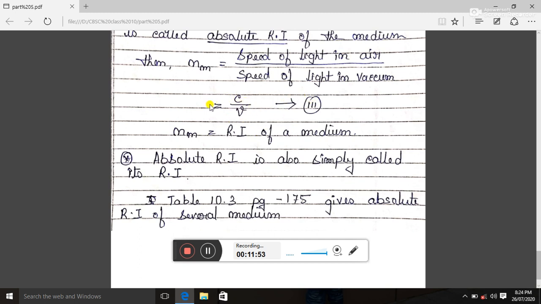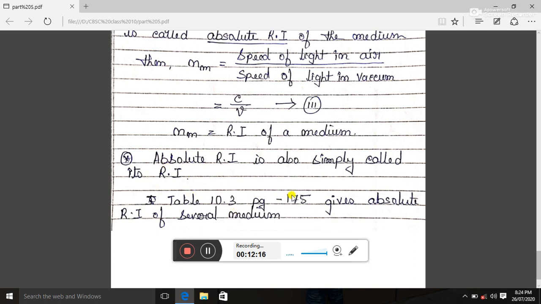This is another expression of the absolute refractive index of the medium. Absolute refractive index can also be called refractive index. Sometimes we call it only refractive index, not absolute refractive index.